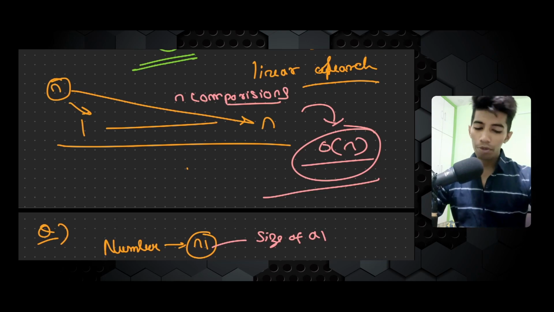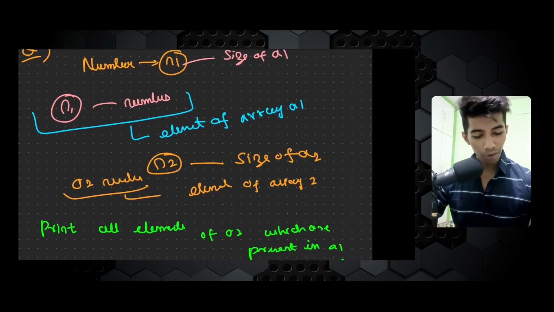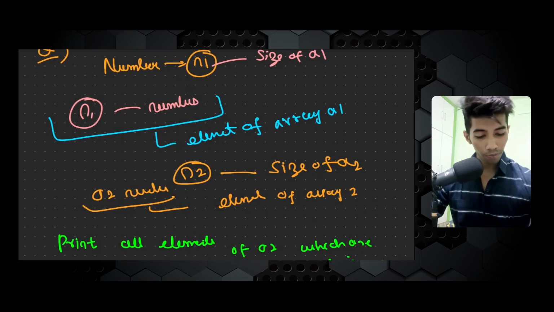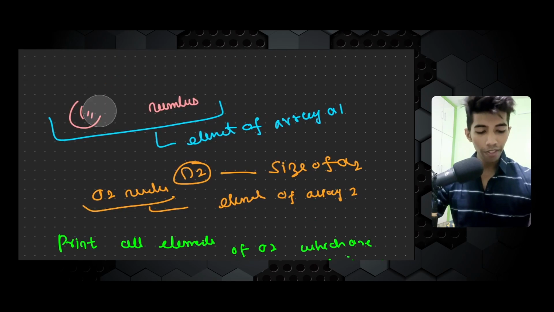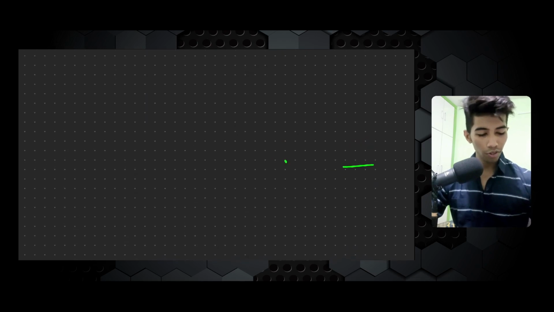Now let us implement this linear search. In Python you can do it very easily, in no time, guys. Let me erase this stuff. You have to just declare one target.